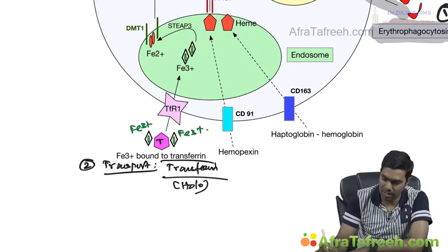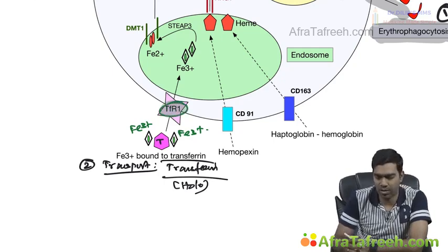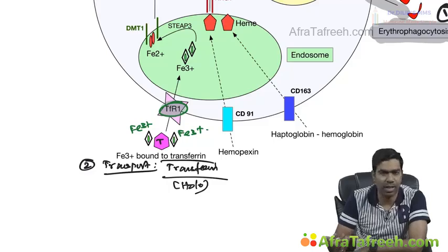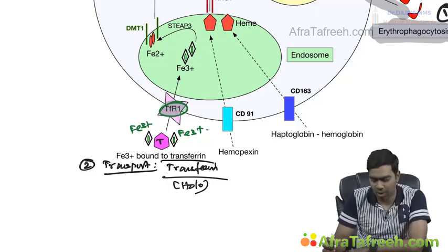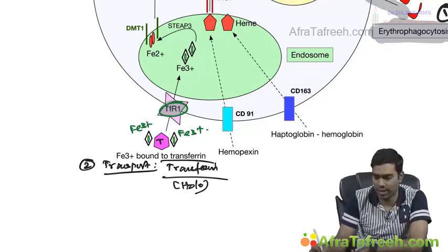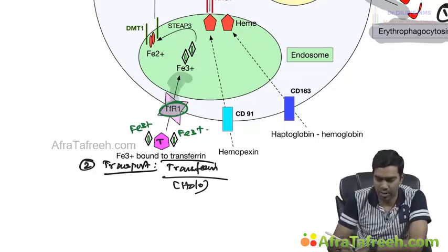We have specialized transferrin receptors present on the cell membrane, which have high affinity for taking up transferrin. This is what we call transferrin receptor 1, which binds with the transferrin and endocytoses it inside.